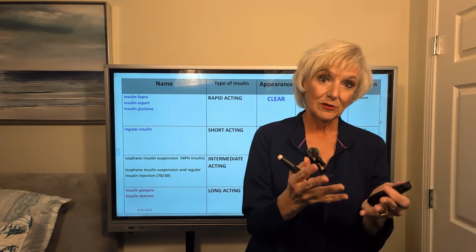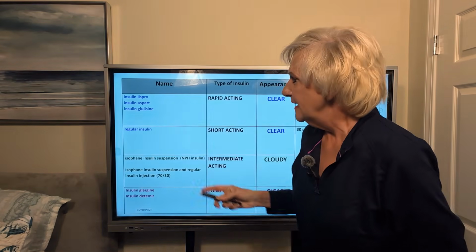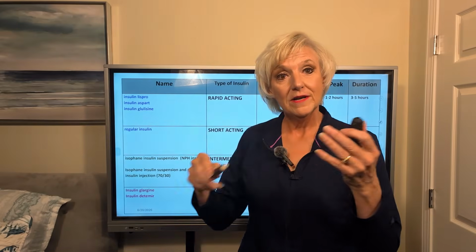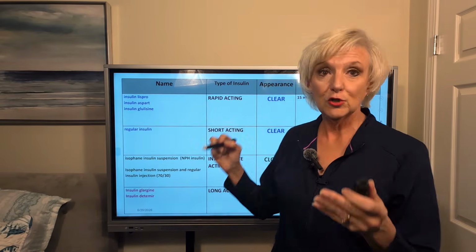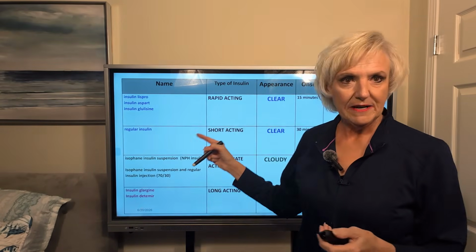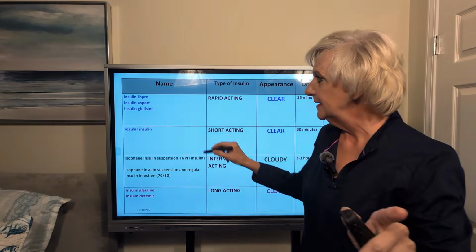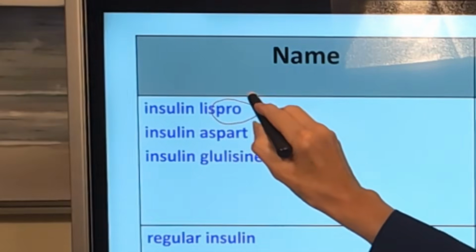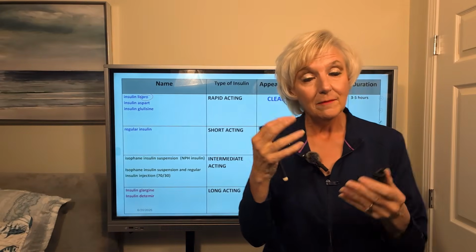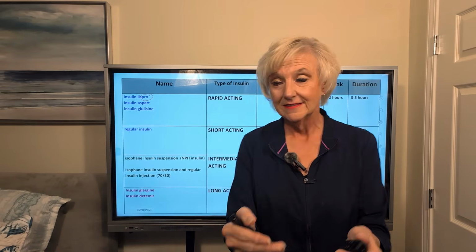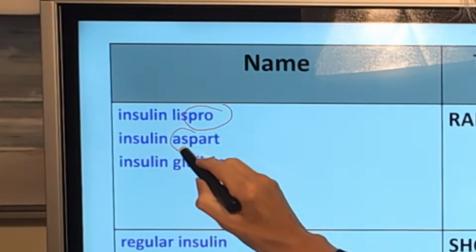Okay, so come over here, erase all of this. Let me give you some little tips. Insulin Lispro, insulin aspart, and insulin glulisine are rapid acting. They are the fastest acting insulins out there. And here's your tip. Insulin Lispro. A pro or professional works faster than an amateur. Insulin aspart.